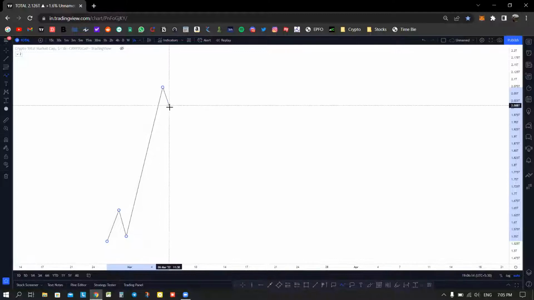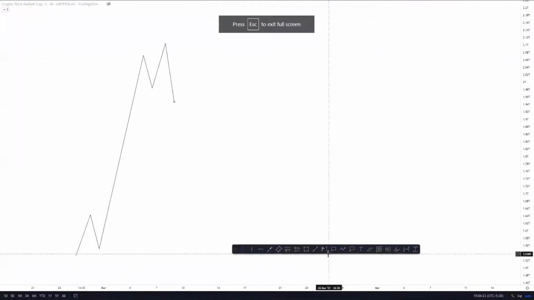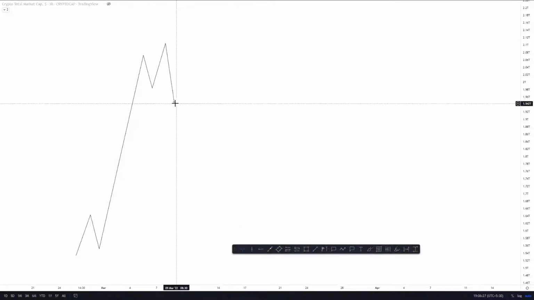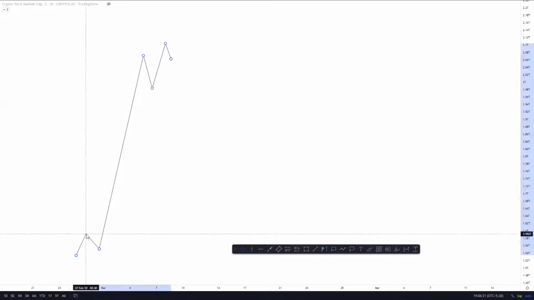So this is what I do. See, this is the last low and this is the last high. So just think, this would be your last high, this would be your last low.